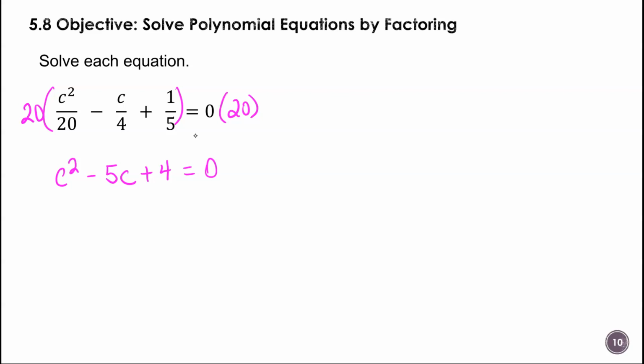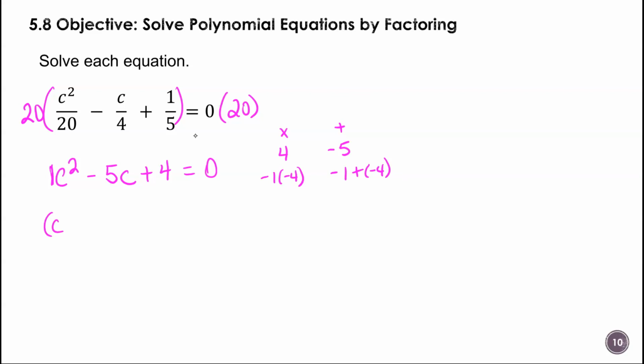And then this one is going to be pretty quick to factor because the leading coefficient is 1, right? This is a 1. So we take factors of 4 that have a sum of negative 5. And this would be negative 1 times negative 4 because we need a positive number when we multiply, but we need a negative sum. All right, and then we go directly to factored form.